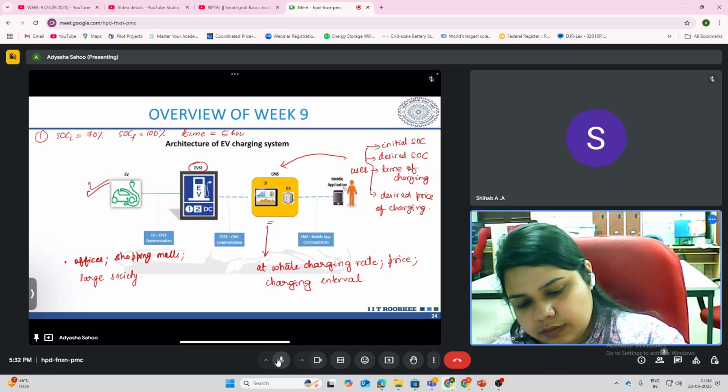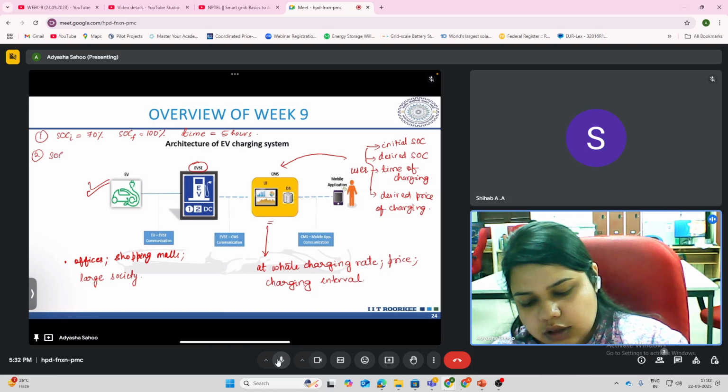Let's say a second vehicle has arrived with SOC 30% and its desired final SOC is, let's say, 90%, and let's say it is parked for 2 hours.